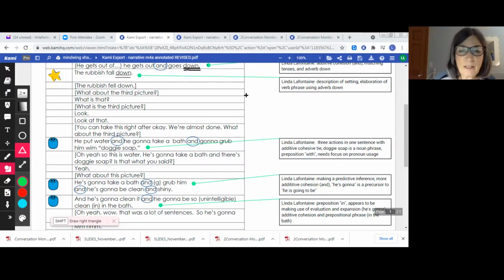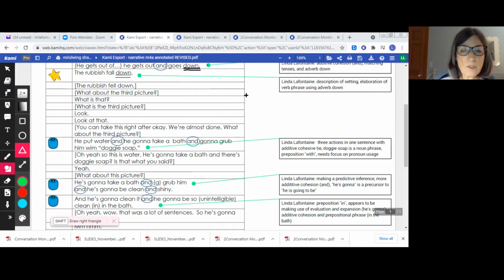And then farther down, he continues to clarify. He's going to take a bath and grub him, and he's going to be clean and shiny. Again, he was making an inference that he was going to be clean and shiny, a predictive one. He had continued to use the word and. He's gonna is really a precursor to the utterance he is going to be.